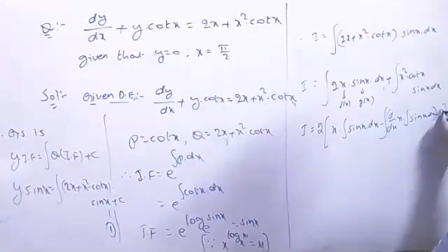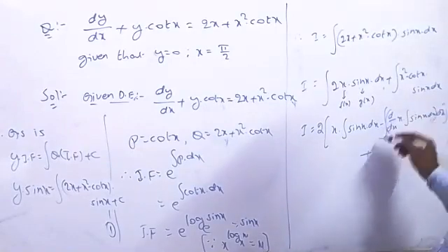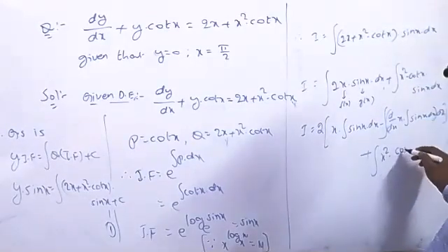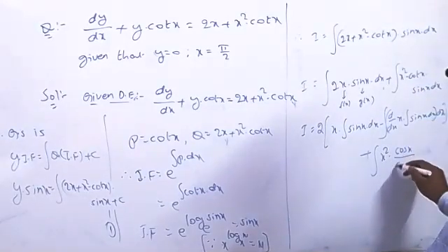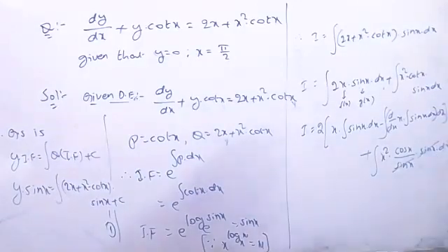And this one you can simplify directly, x square into cot x equal to, we know very well that cos x by sin x, into dx. Clearly these will be cancelled.